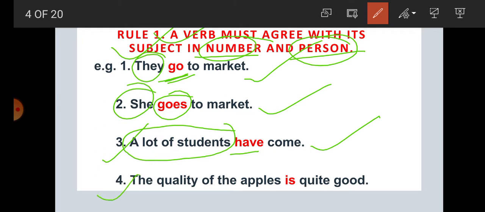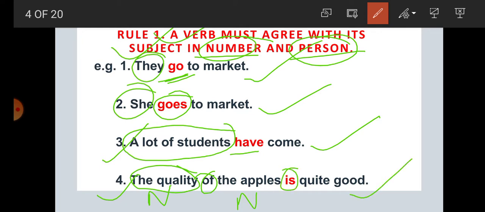Now number 4, the quality of the apples is quite good. Here student, this is the structure of noun plus of plus noun, means noun plus preposition plus noun. So here the subject is the quality. So according to the quality, the verb must be singular. So here is is the correct one.